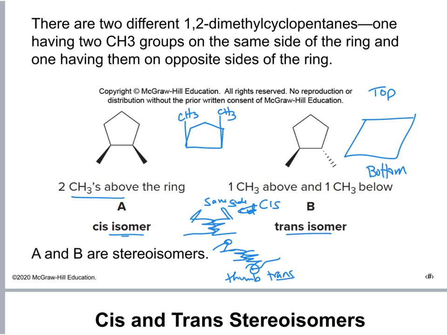Okay, so these are different isomers, and these would be diastereomers. So diastereomers have the same molecular formula, they have the same connectivity, but they have different orientation in space.